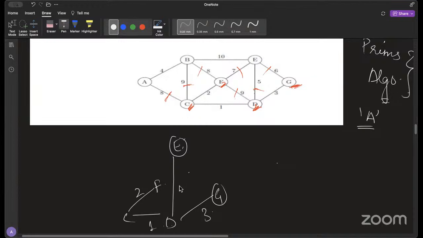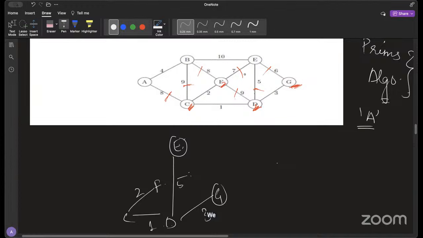Can we not take edges of F after taking all the edges of C? Like after we have taken C, D, C, F, C, A, and D, G also, then can we do the edges associated with vertex F?